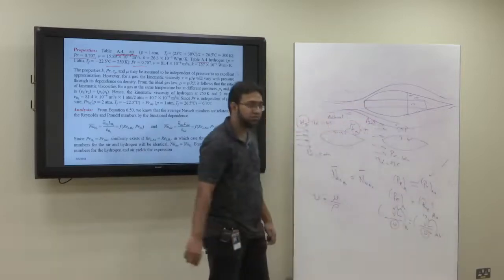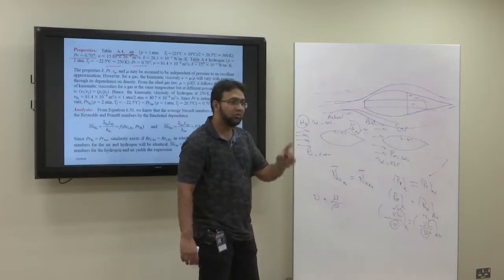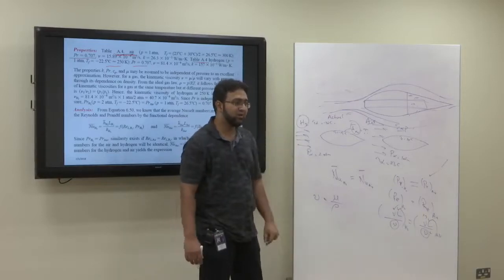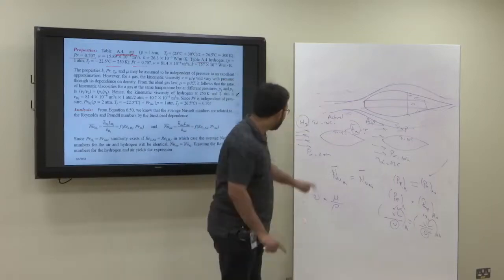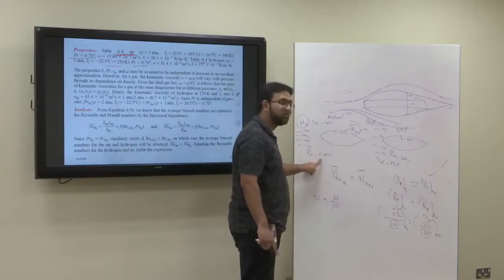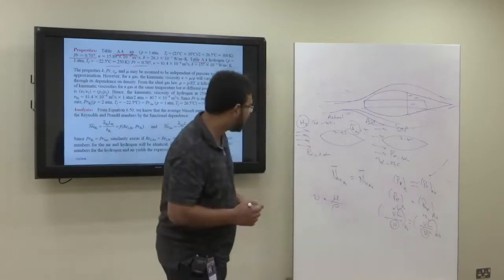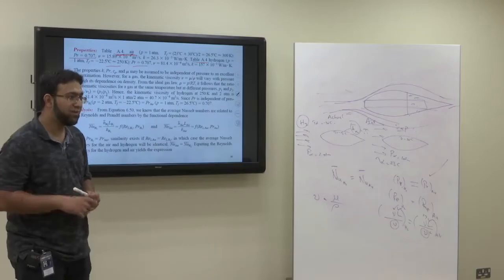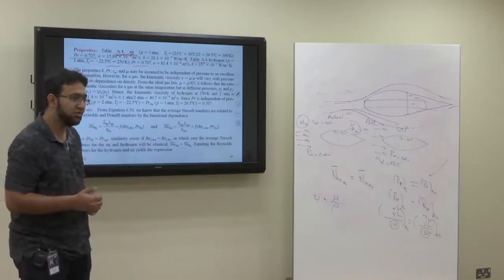But for the case of hydrogen, we cannot directly use the value from the appendix, because the appendix value is for 1 atmosphere and our hydrogen is at 2 atmosphere. So we need to know the relationship between pressure and viscosity.